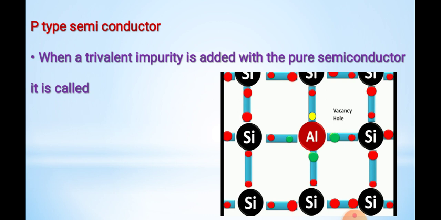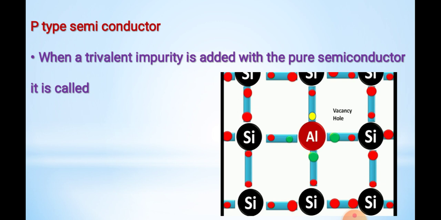For the silicon atom, we have 4 valence electrons, shown in this diagram in red color. Around the silicon, the red balls are electrons. Around the aluminium, we have green balls, which are the electrons of the aluminium.